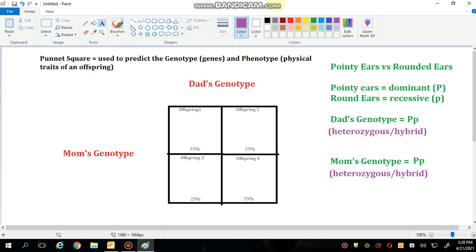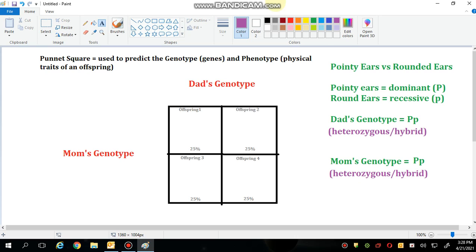Okay, so as you can see on my screen, we're going to take mom and dad's genes and predict what their kids will look like in terms of a specific physical characteristic, and what will be their gene code or genotype for that characteristic.